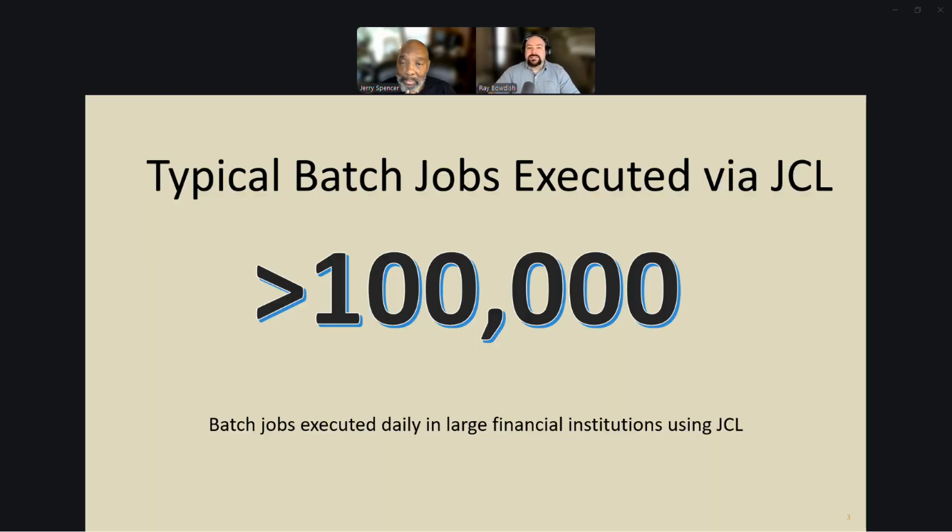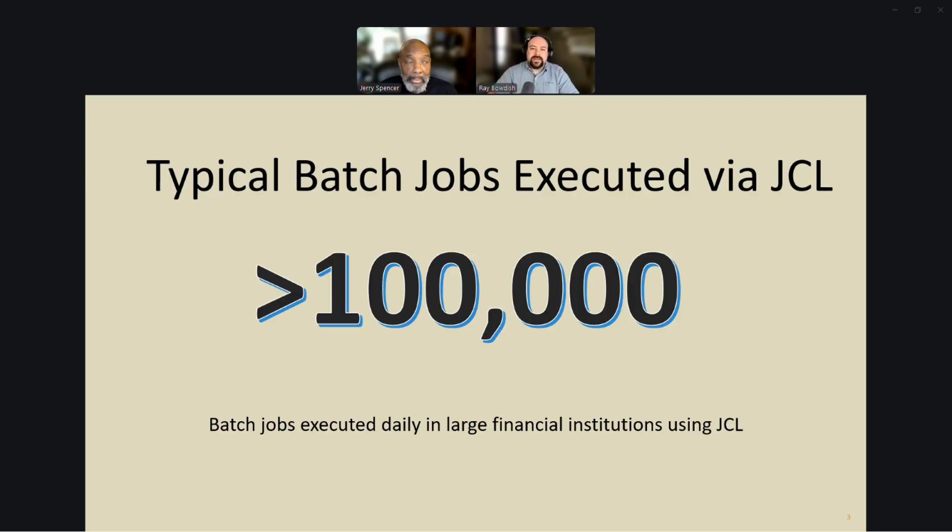So in some organizations, especially large financial institutions, you can have well over 100,000 JCL jobs running per day. A lot of these are confined to your overnight batch window so that there's very minimal interactions from different users who might potentially change some data. So you have your end of the night settlements, account updates, things like that.